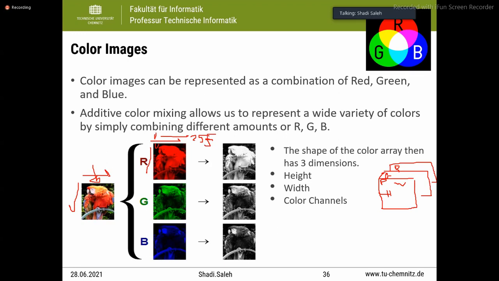So if you represent this as an image, it is somehow similar to a grayscale image. This tries to represent the color channel by its intensity between 0 and 255. They determine how red this pixel is, how green this pixel is.